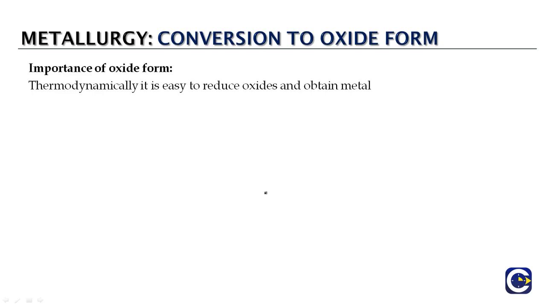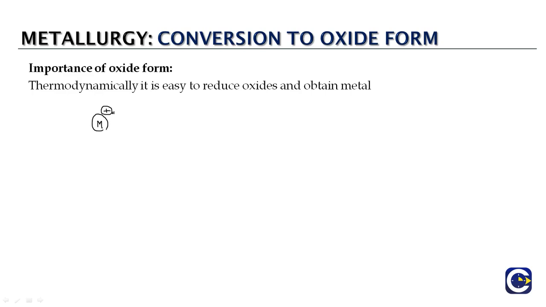Now, talking about why we need to convert the other type of ore forms into oxide form. Generally, reduction is basically the removal of oxygen from the oxide, or if you have a sulfide form, removal of the sulfur. When you look at any metal in the combined form, the metal will have a positive charge.